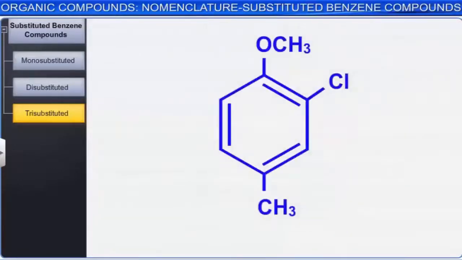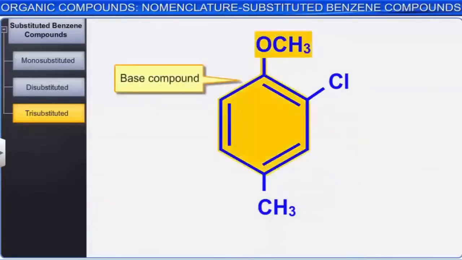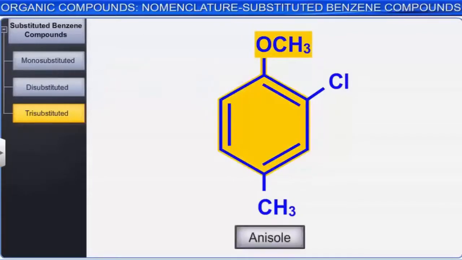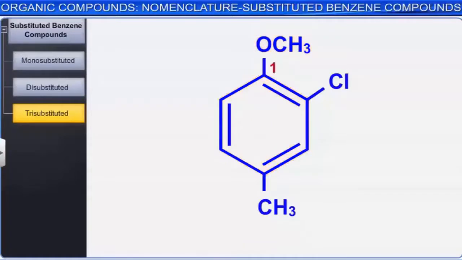In certain cases, the common name of the benzene derivative is taken as the base compound. Thus, anisole is a base compound in the following structure. The numbering of the carbon atom starts from the carbon bearing the substituent of the base compound.